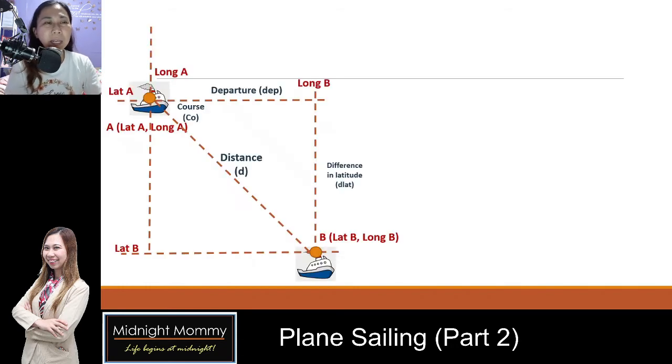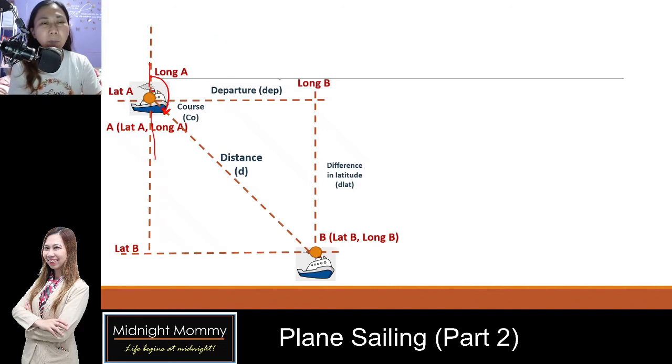Okay, so this time naman ang gagawin natin, yung course ng ating ship is greater than 90 degrees but less than 180. So remember na kapag meron tayong straight line like this one, okay, ang angle niyan is equivalent to 180 degrees. So dito, yung ating course is between 90 degrees and 180 degrees.